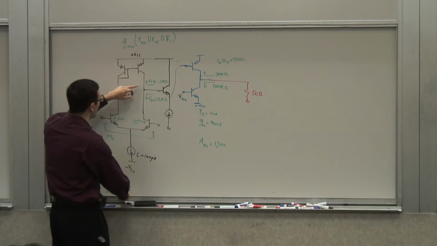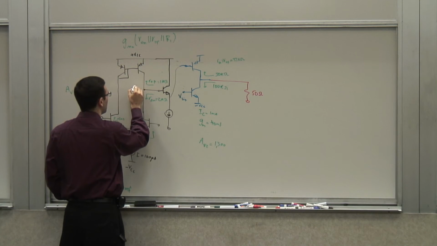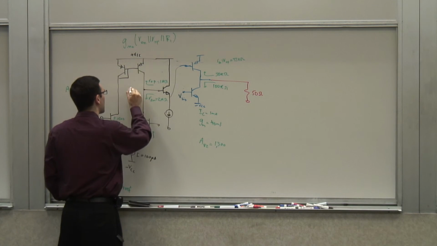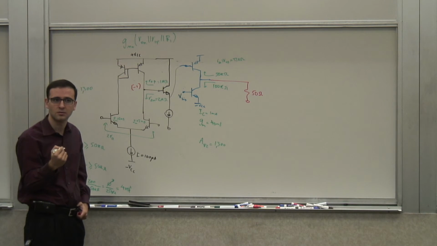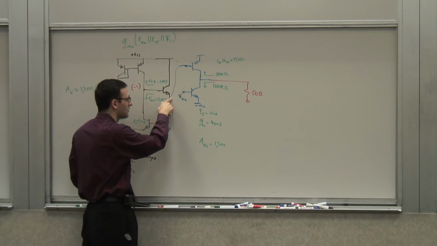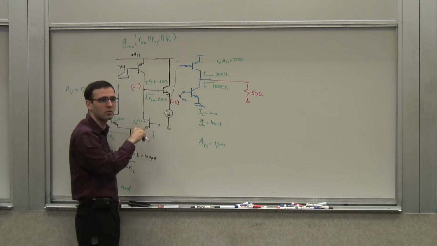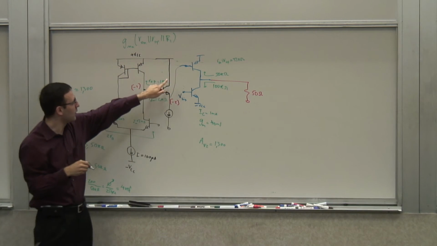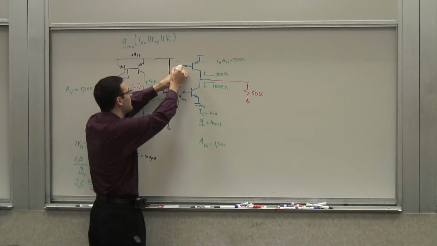Think about it. This node was, let's say, I showed kind of symbolically, minus VBE. Say, minus 1 means that it's 1 VBE below. This is going to be 1 VBE.